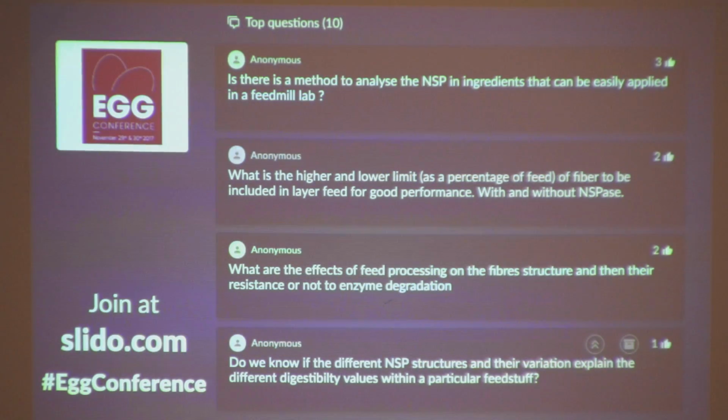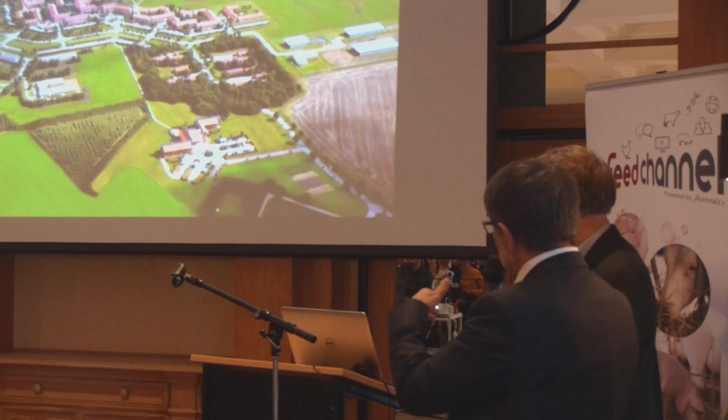Okay. So you mentioned the different NSP content and structures between the different materials. Within one particular feedstuff, what is the link between the variation in the NSP structures and their potential digestibility within a raw material?